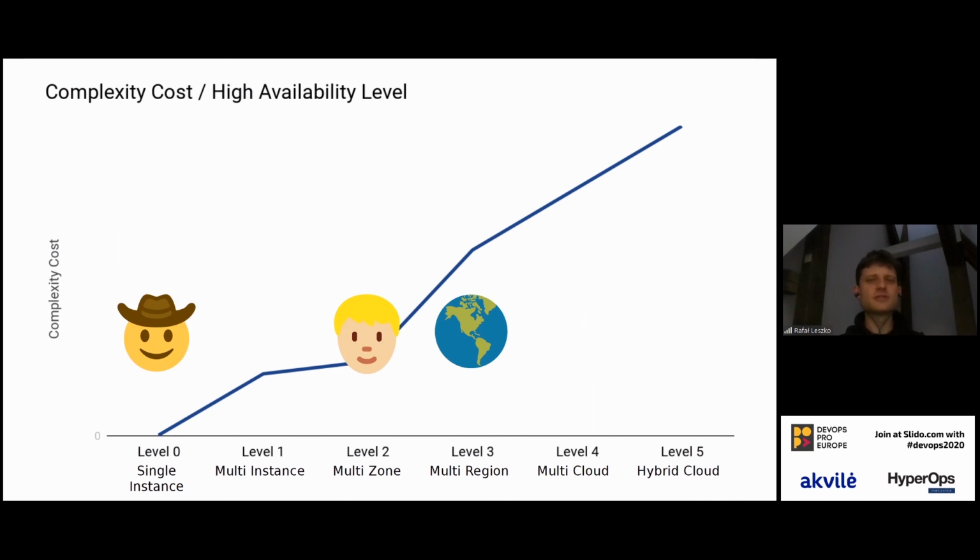Multi-region is mostly if you go global with your service, so if you would like to have low latency from different geolocations. And multi-cloud and hybrid cloud are for banks, for guys with really strong security concerns, a lot of money and security restrictions.